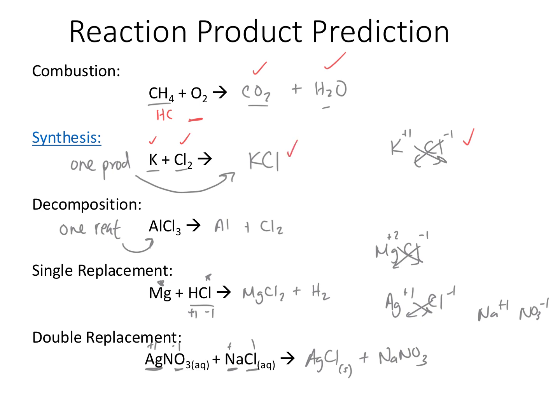Decomposition is just the reverse of the synthesis process. We're going to take that one reactant and break it into its elemental pieces. Single replacement: we identify this as single replacement because we have something in its elemental form and something in a compound form, and that's going to give us a new compound and a new element. When we decide where the swap or replacement is going to occur, we consider the potential charges of those species in the compound.